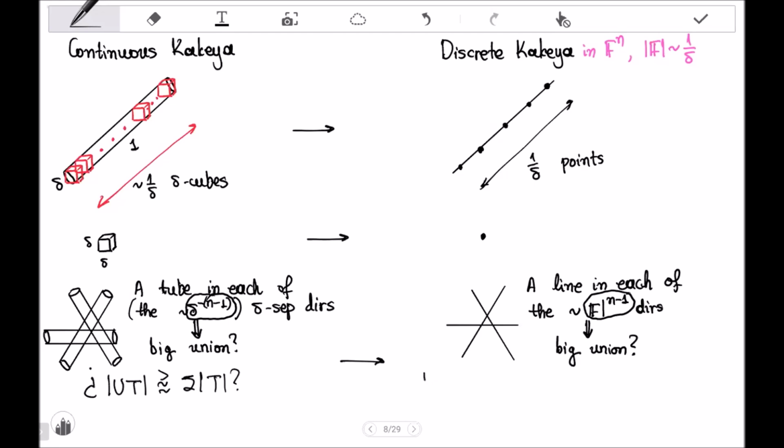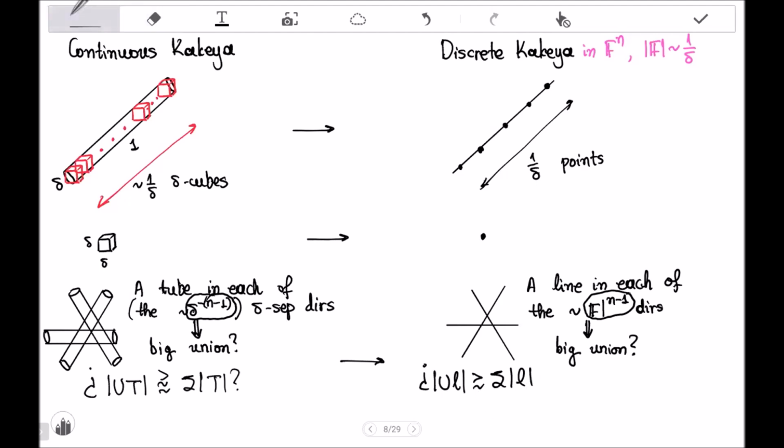We want to show that the union of lines, when they point in different directions, is at least the sum of their sizes. And here I don't put a double wiggle, I just expect a constant loss. Because actually the logarithmic losses for cubes usually come from the fact that the cubes have thickness. Remember, the logarithm depends on the thickness as well. Lines don't have thickness, so we shouldn't have any losses.